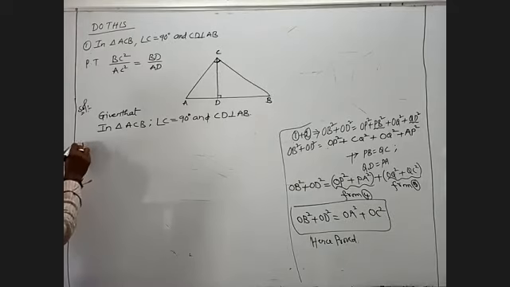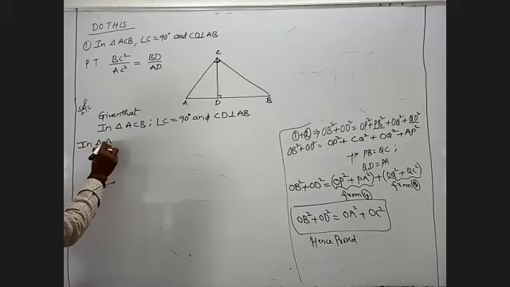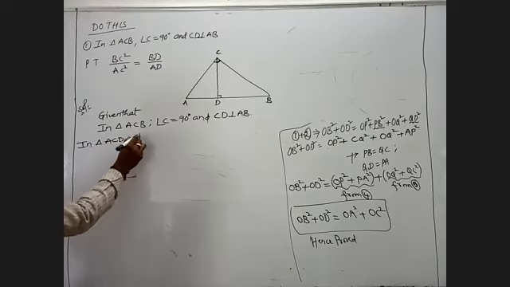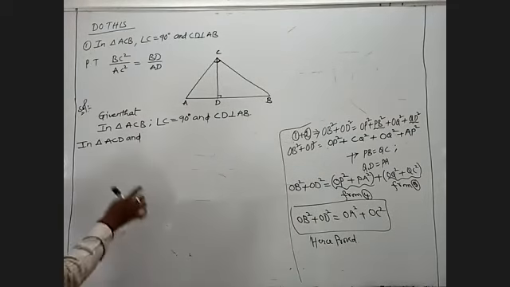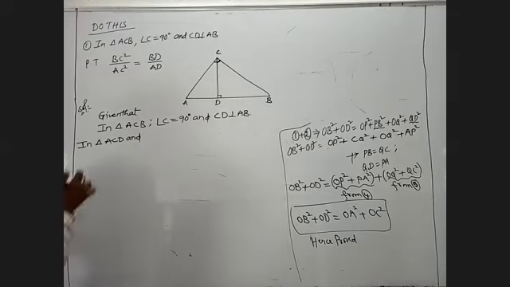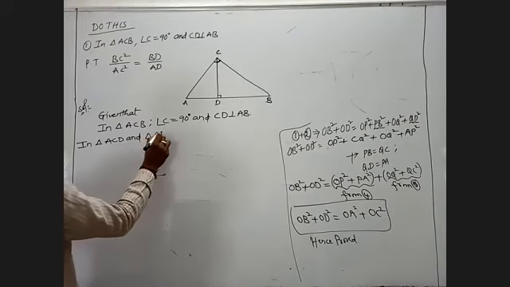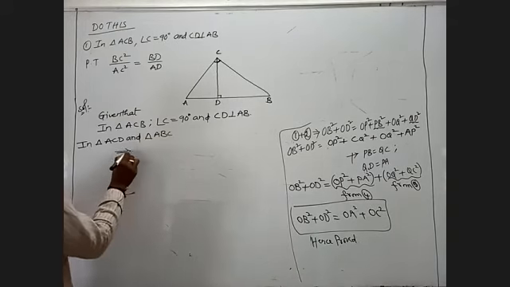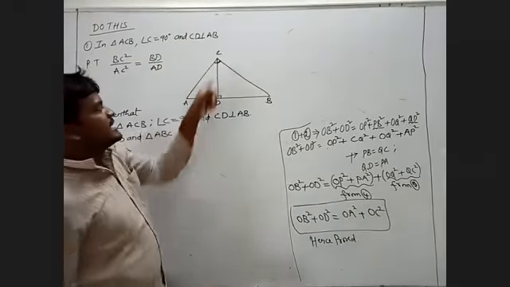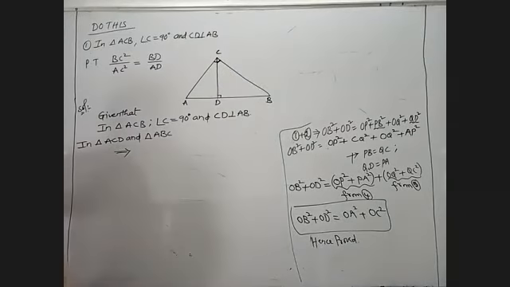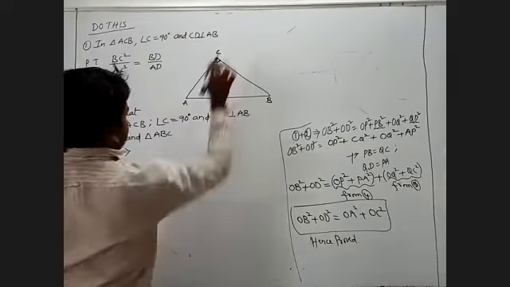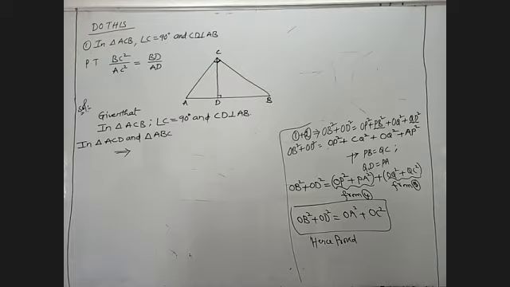First I will take triangle ACD and triangle ABC. You'll observe in triangle ACD, angle C consists of 90 degrees, and also we take triangle ABC.